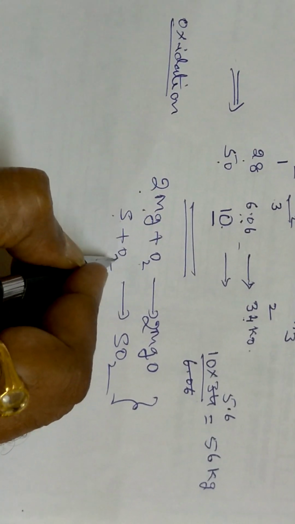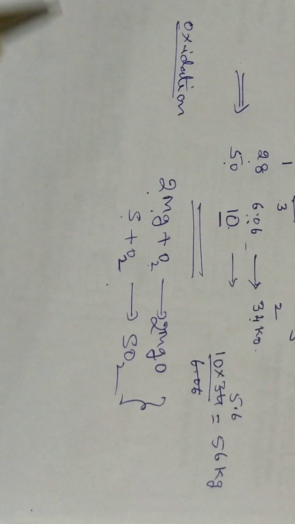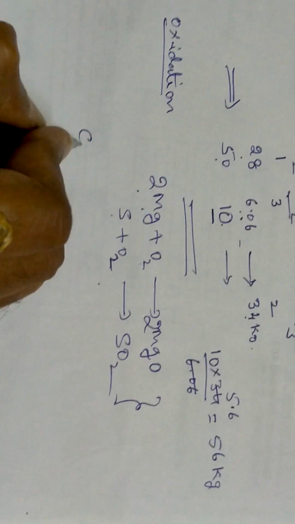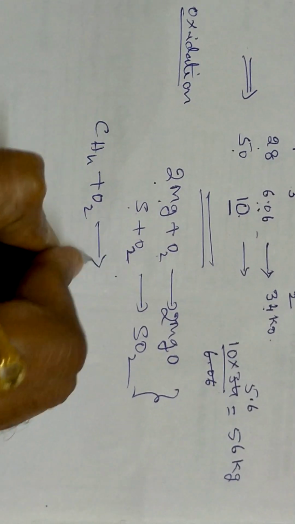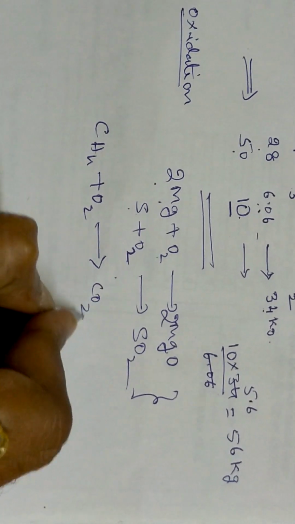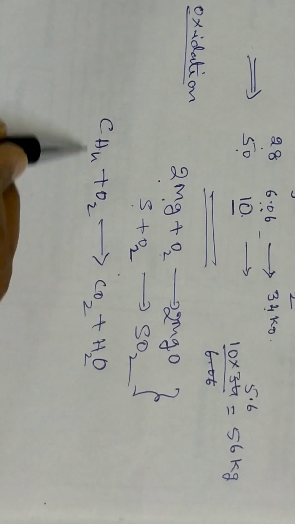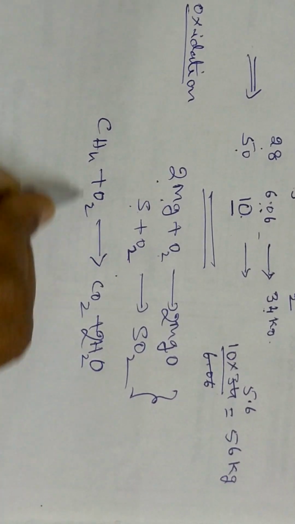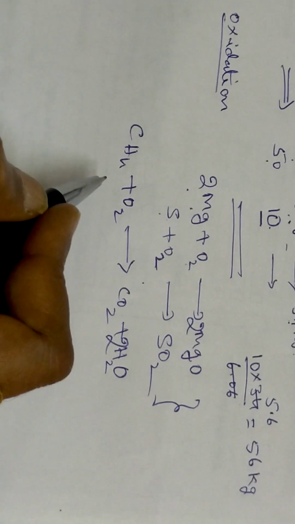But later on they saw some more equations and modified the definition of oxidation. An example is methane gas reacting with oxygen to give carbon dioxide and water.